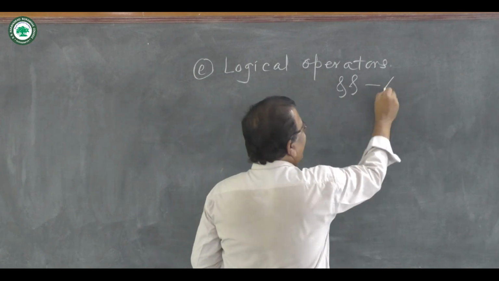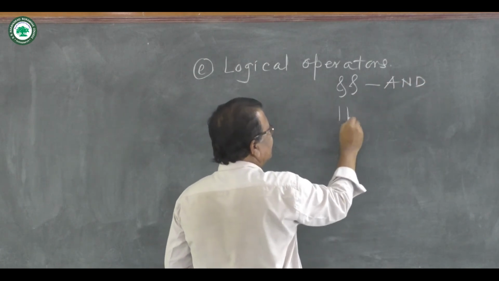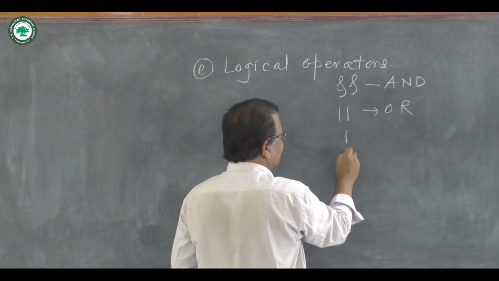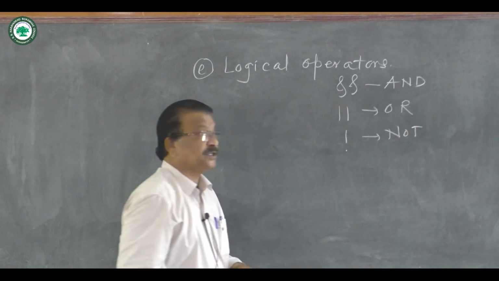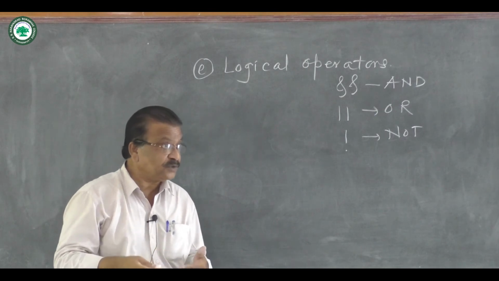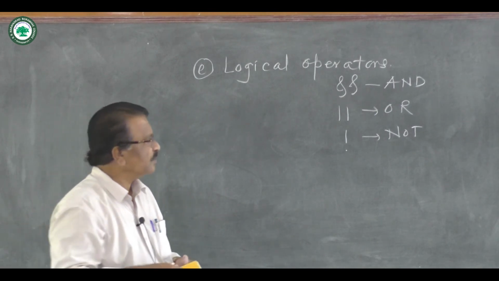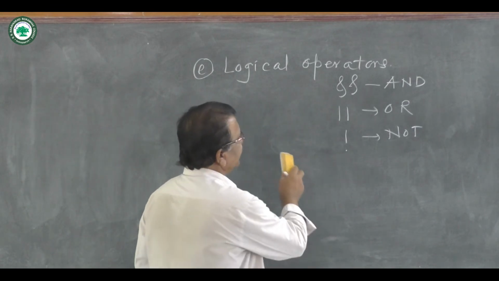Then this is AND, which is analogous to multiplication. This is OR, which is analogous to addition. NOT is analogous to inversion. The value of 1 will be inverted to 0, or 0 will get inverted into 1. So these are the three operators that we have in C.